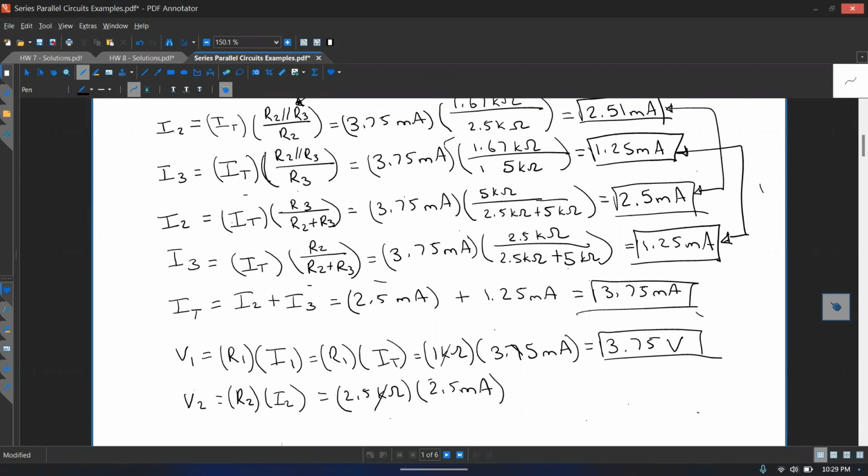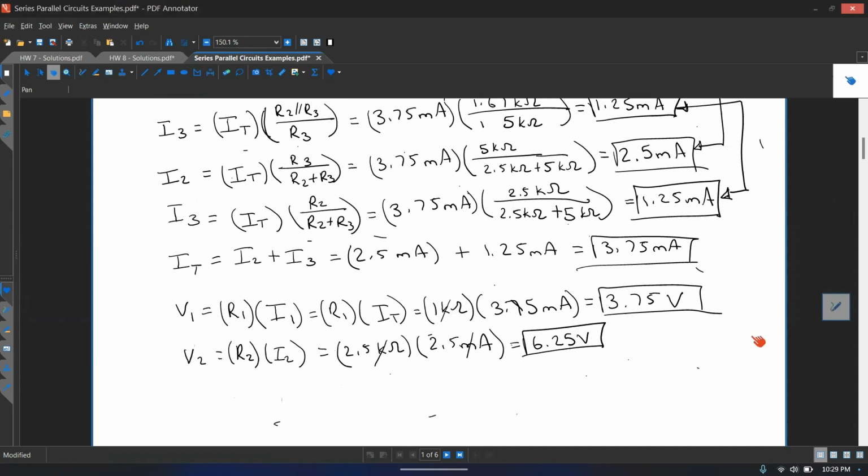And so your kilo cancels out your milli, and you're left with 6.25 volts.